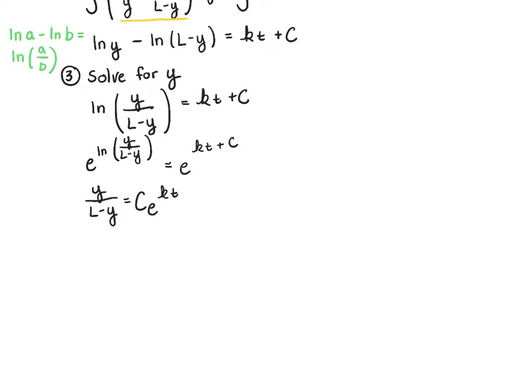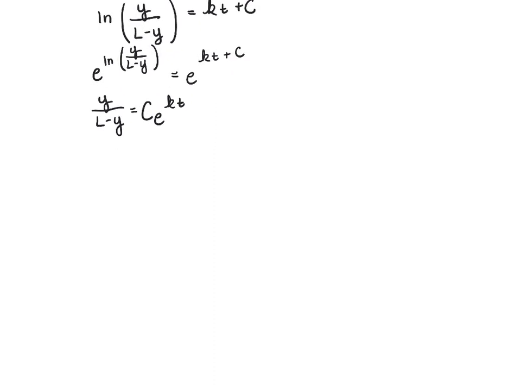Fantastic. All right, so here's the thing though. Got to remember, the challenge is to solve for y. And maybe you can see that this is becoming a little bit complicated, but it's going to be okay. So first things first, I'm just going to multiply both sides by the denominator of the left-hand side so that I get CE to the KT times L minus y. And I need to bring the y on the right over to the left.